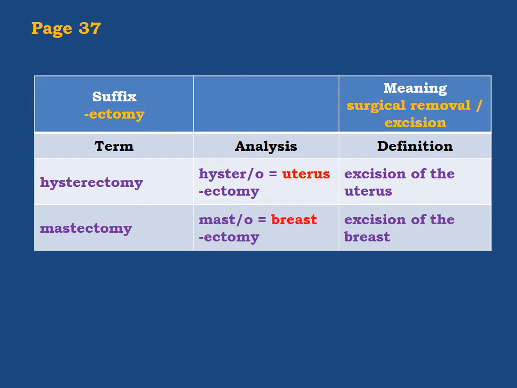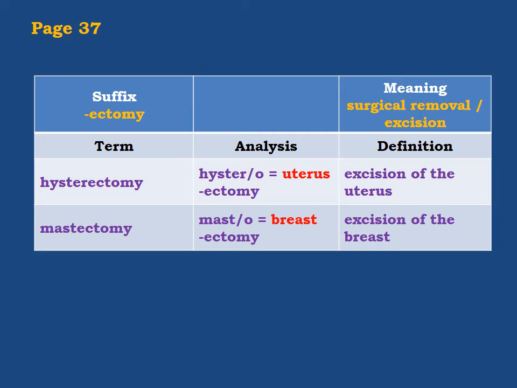Now the next suffix, we have ectomy, and it means surgical removal or excision. Now, surgical removal means that if a patient needs, let's say, a surgery, and a part of his body should be removed, cut and removed. So we call that surgical removal or excision.